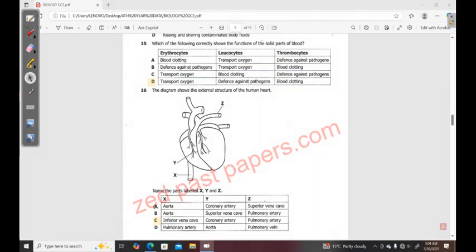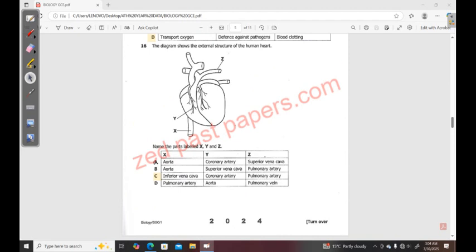Okay, we go to the next, where the diagram shows the external structure of the human heart. Name the parts labeled X, Y, and Z. Firstly, before you even name, you need to know your sides. When you look at a diagram, is it on the left, is it on the right?